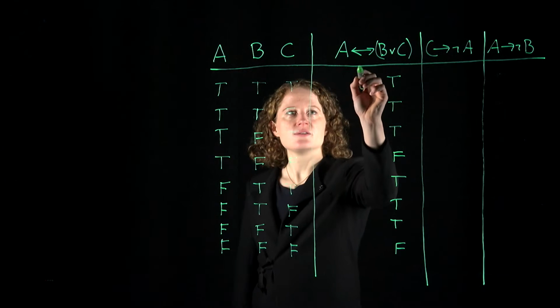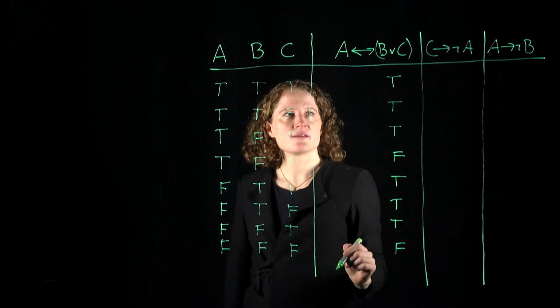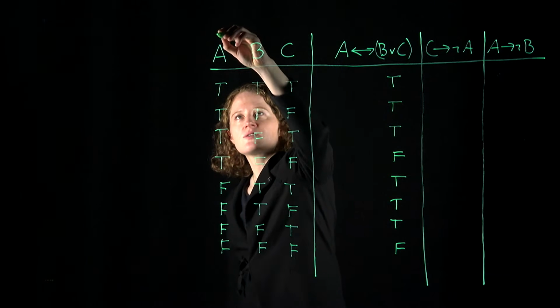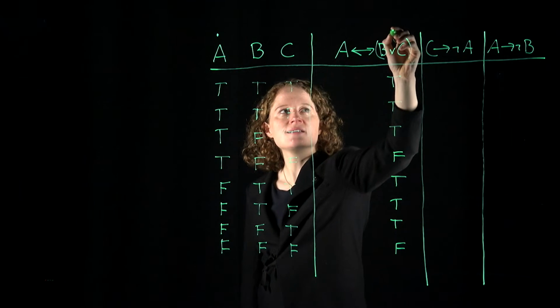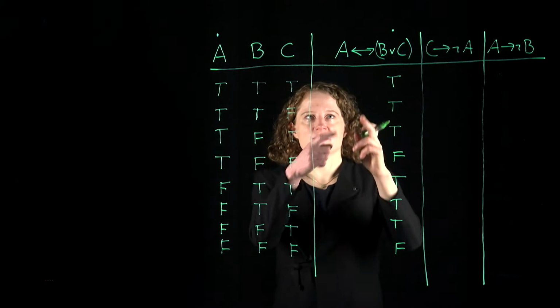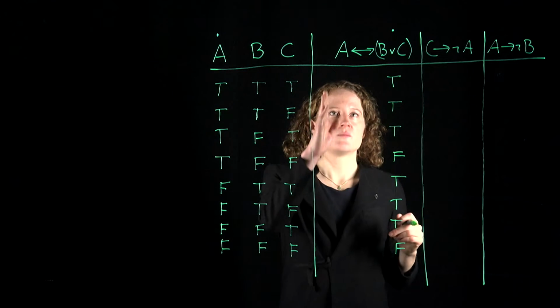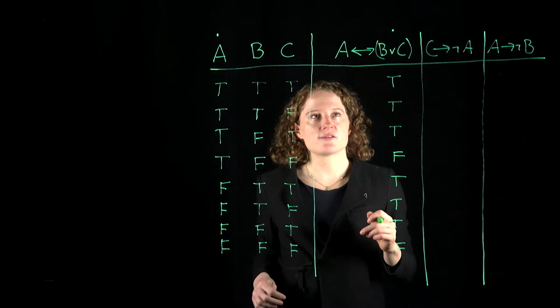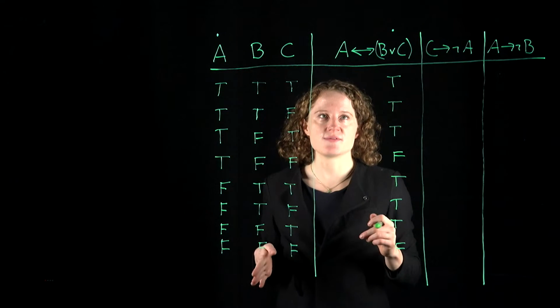And now to fill in the column under the biconditional, I need to look at the truth value of A, and I need to look at the truth value of this disjunction here. And the biconditional is true if and only if both sides flanking the biconditional have the same truth value.